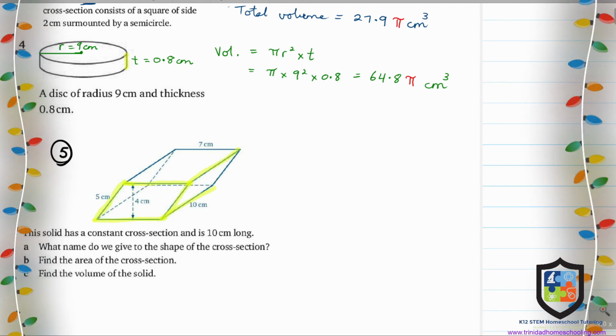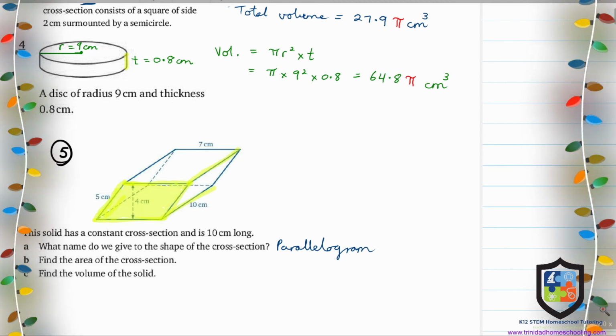So we have some questions here to answer. What name do we give to the shape of the cross section? We said it's a parallelogram. And find the area of the cross section. So we're going to find the area of this parallelogram. Now what do we need to find the area of this?